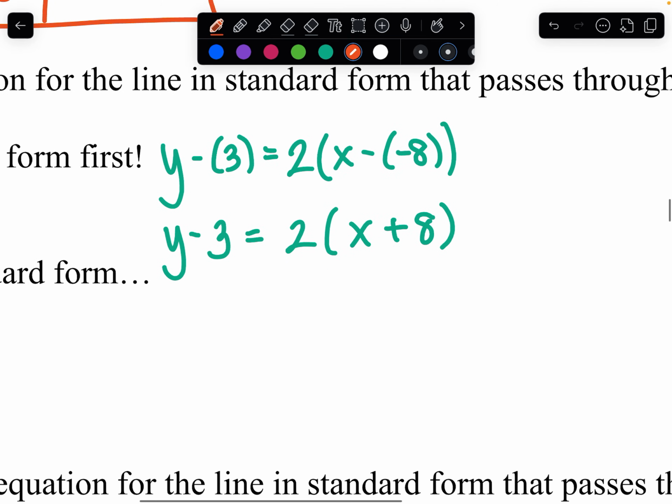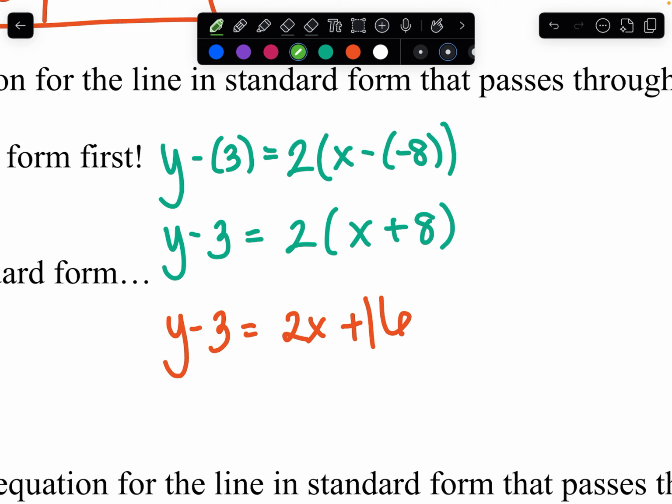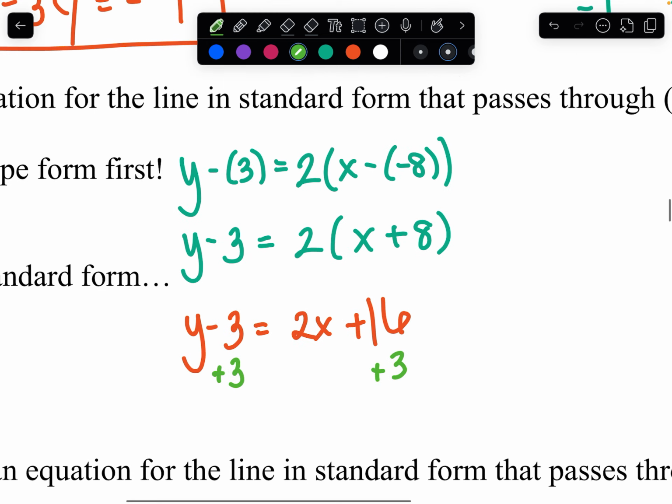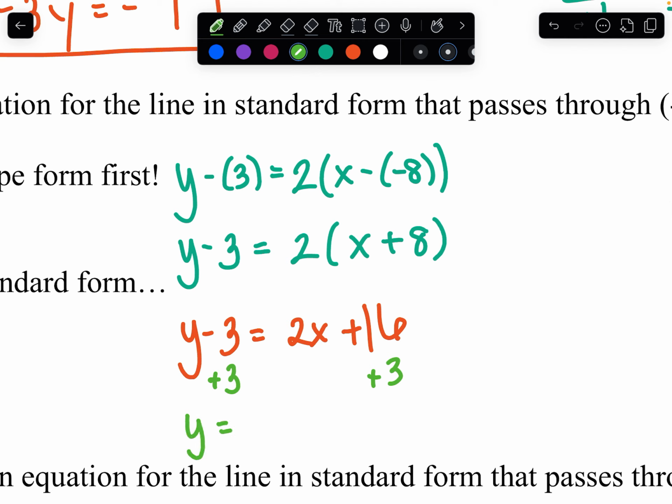And now we're going to change it to standard form. So we're going to distribute in. We get y minus 3 equals 2x plus 16. Oopsies. I'm going to add 3 to both sides. And so we get y equals 2x plus 19. Look at that, slope-intercept form.